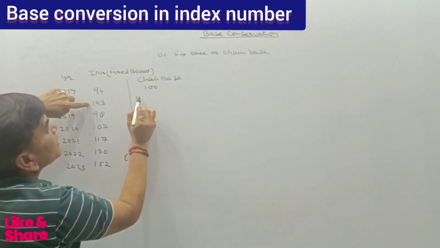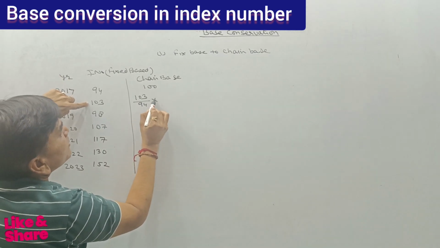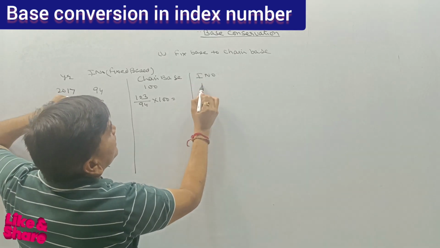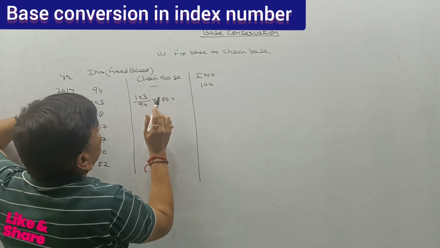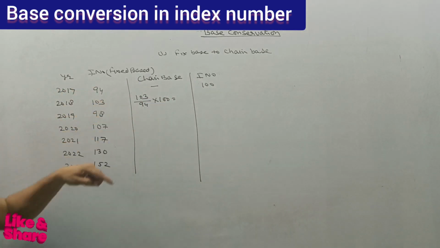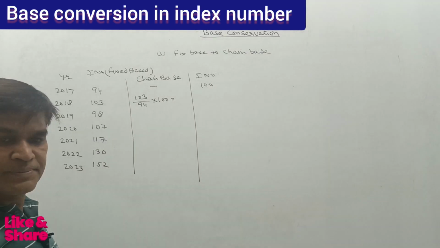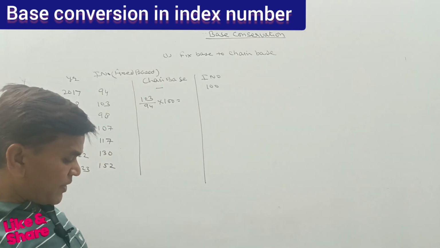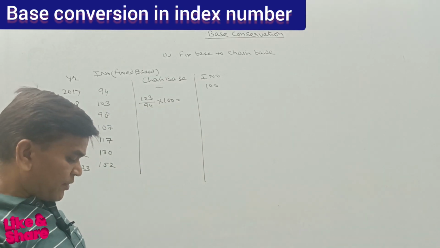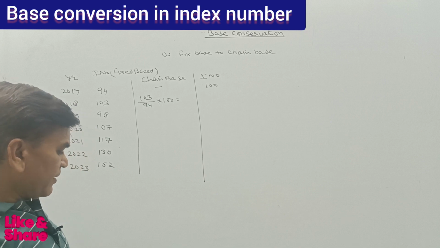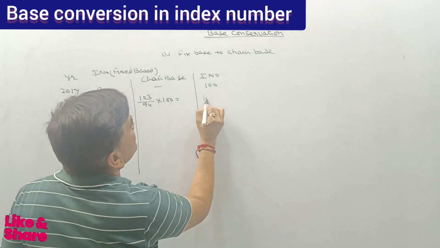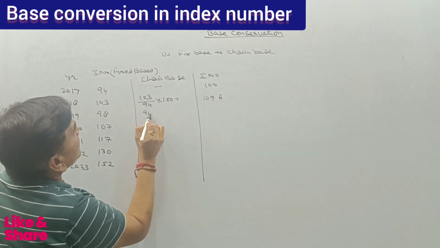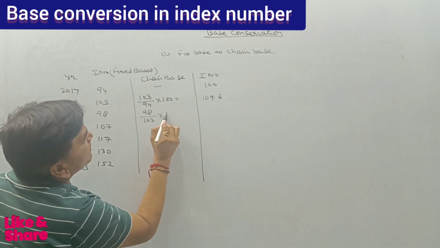For the second one, 103 divided by 94 multiplied by 100, we get 109.6. The first index number is 100. Third one, 98 divided by 103 multiplied by 100.